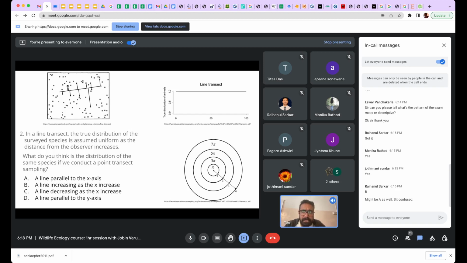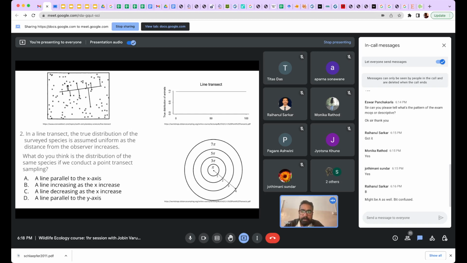Okay, sir has explained it a bit in the presentation. You can go back again, but right now I'm not asking about that part. I'm just asking about how the animals are distributed. The question says the true distribution of the surveyed species is assumed uniform as the distance from the observer increases.